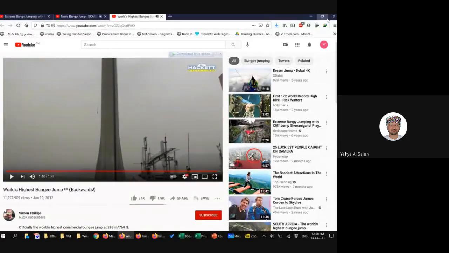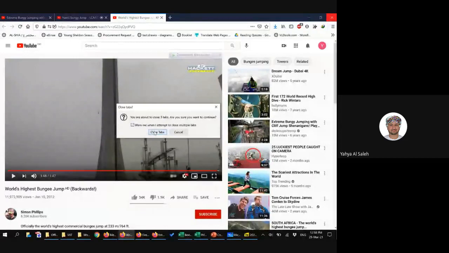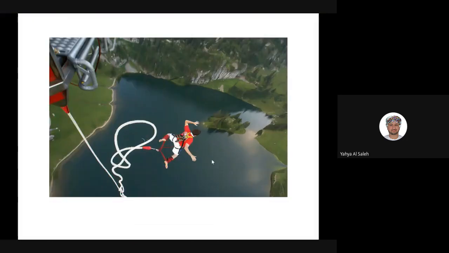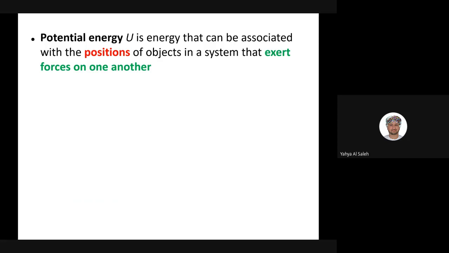So this is what bungee jumping is, and there's actually a lot of physics going on in one of these. First things first, let's describe a few of the energies that we already know, formalize them, and then go into the details.